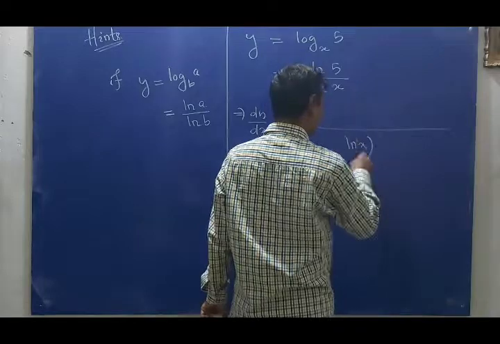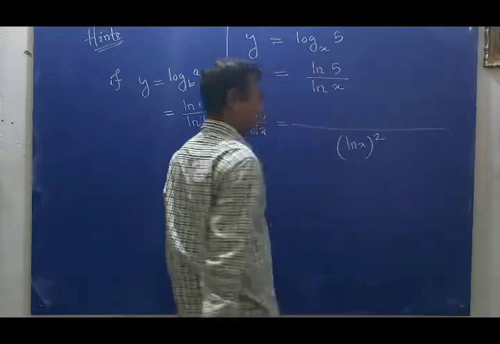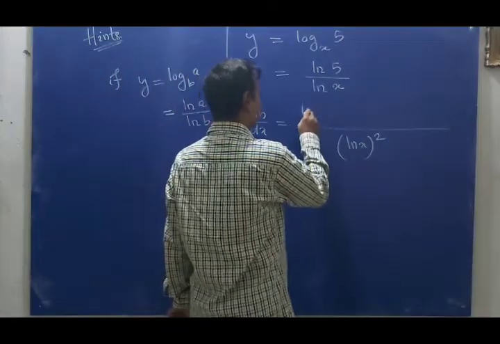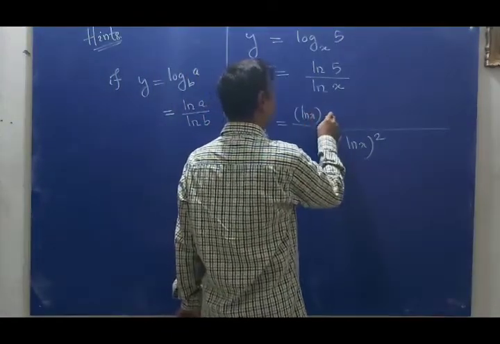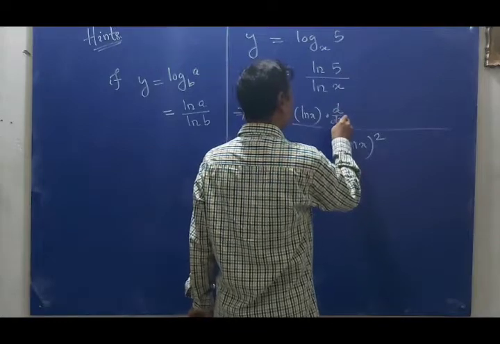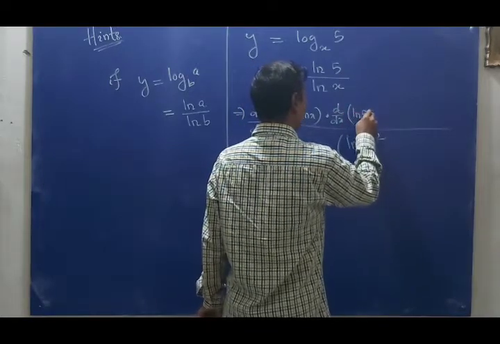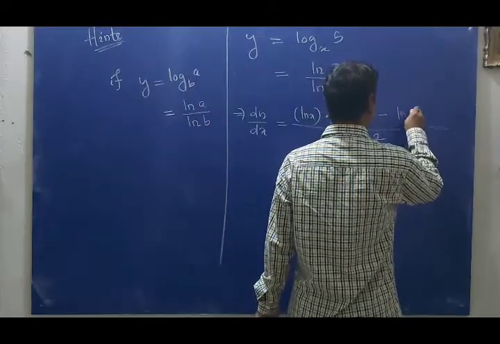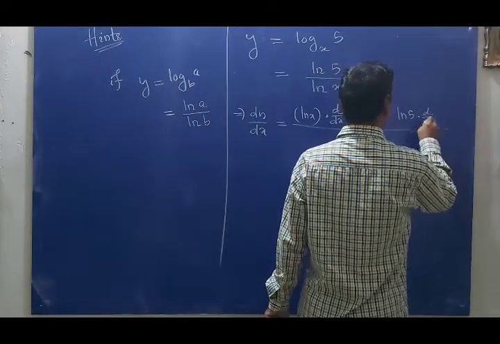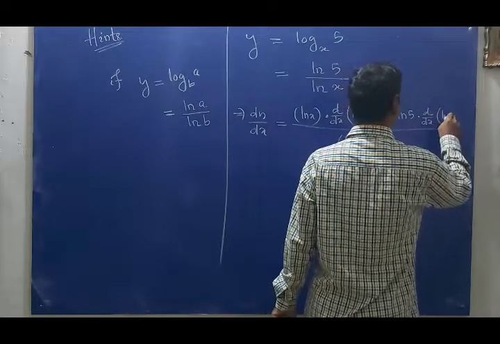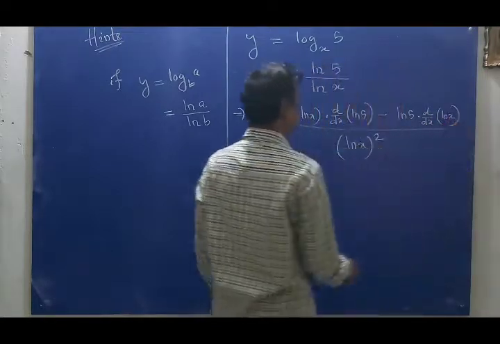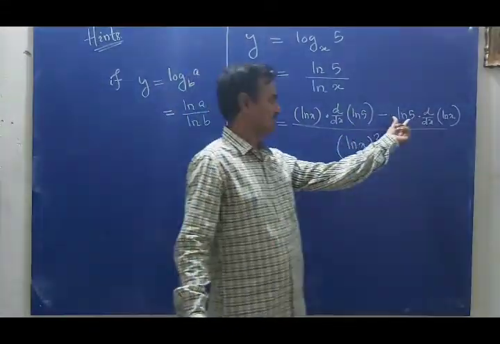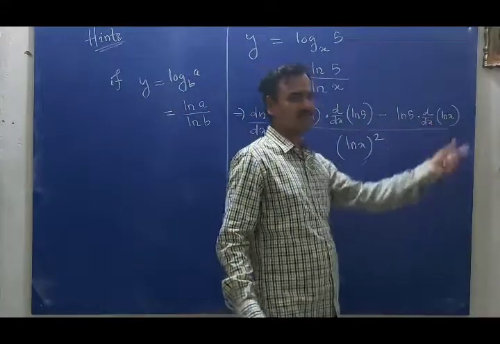Ln of x whole square, v square, into ln of x into d by dx of ln of 5 minus ln of 5 into d by dx of ln of x. That is v derivative of u minus u into derivative of v.